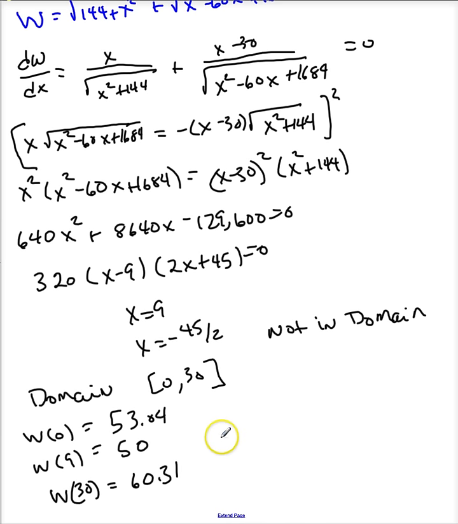So I'm able to conclude that the minimum distance, or the minimum amount of wire I need, is 50 feet. All right. And I need to answer my question. And my question was, where do I place it? I place it at x equal 9 feet.